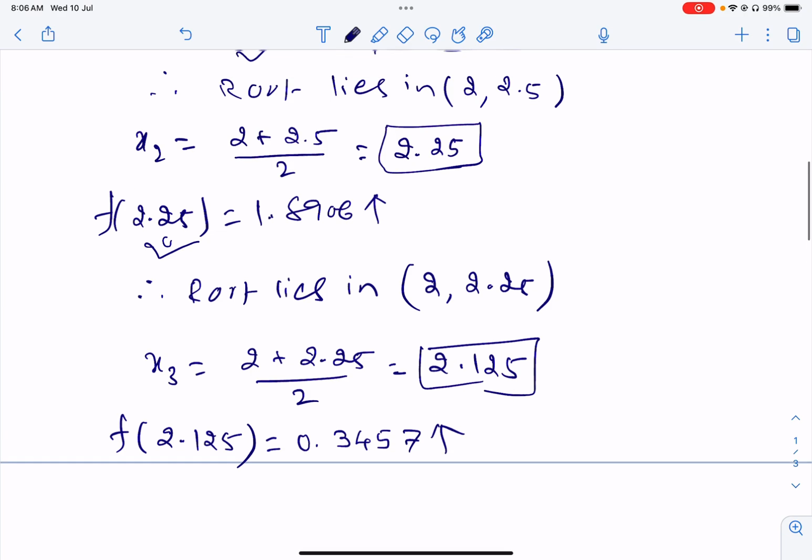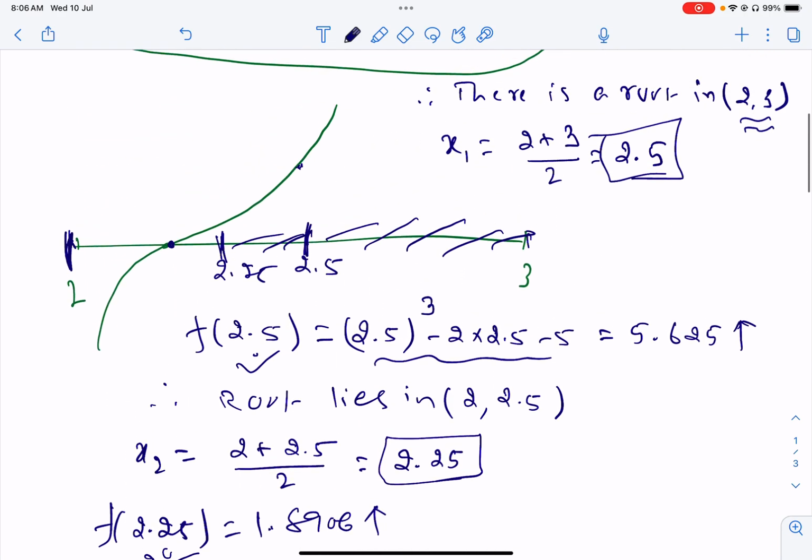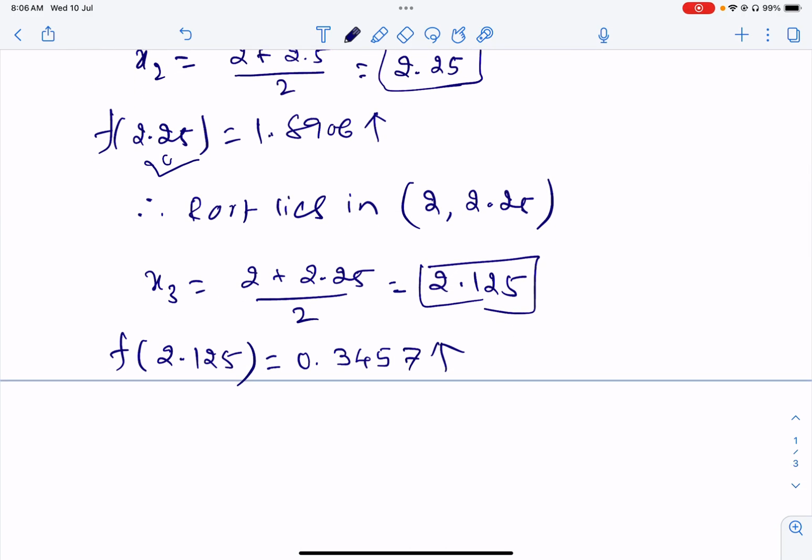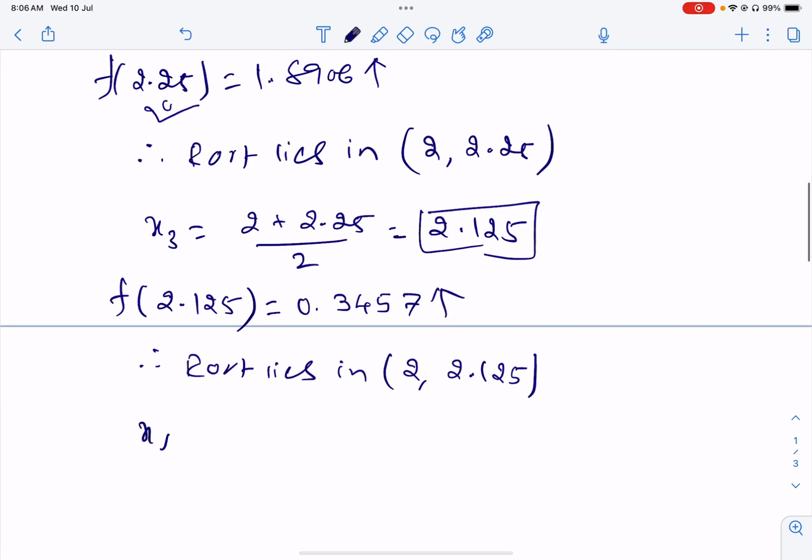So still it is positive. So again we can say that the root lies in 2 to 2.125.